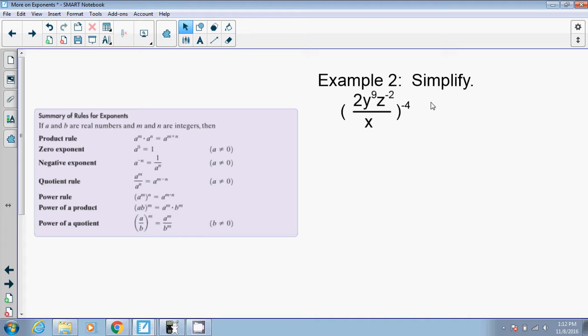So we're going to start off using the power of a quotient rule because I'm dividing two properties and I'm raising it to a power. So I'm going to take that exponent of negative 4 and put it with both the numerator and the denominator.